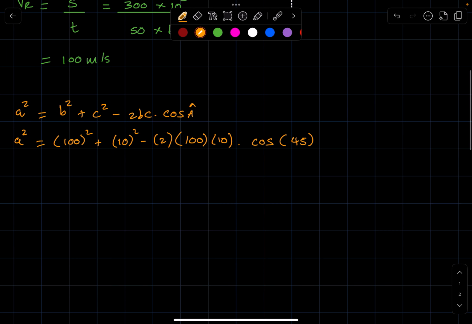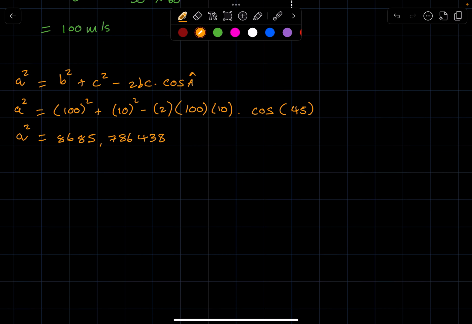Now if you punch all this in your calculator, A squared will be equal to 8685.786438.